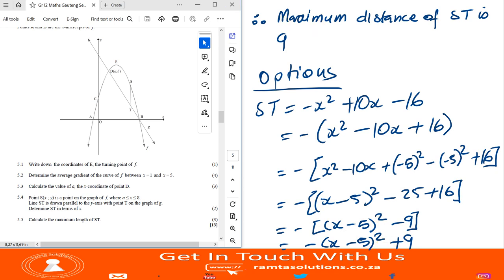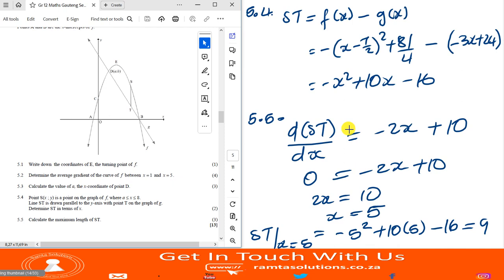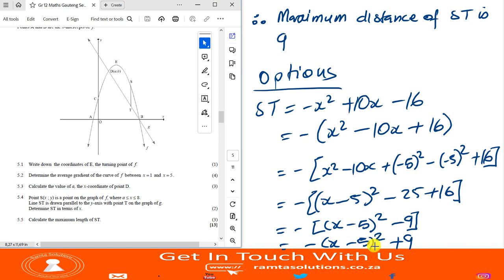So if at the moment your calculus is not on point, complete the square. Of course, this only applies when it's a parabola. But only when it's a parabola, it's easy to find your maximum or your minimum.